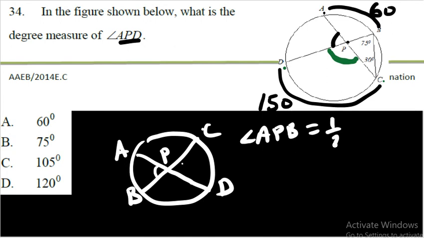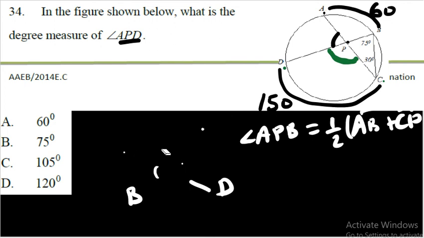It is equal to half of the sum of the two vertically opposite subtending arcs. That means arc AB plus arc CD. There is a formula. That means now I can easily find the measure of angle DPC, or I can say angle APB.